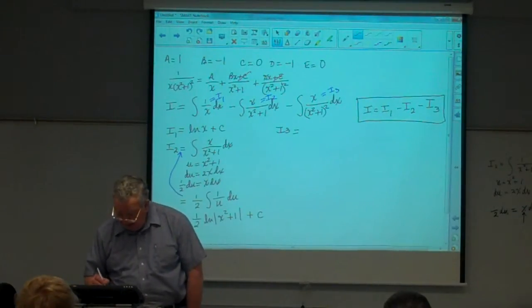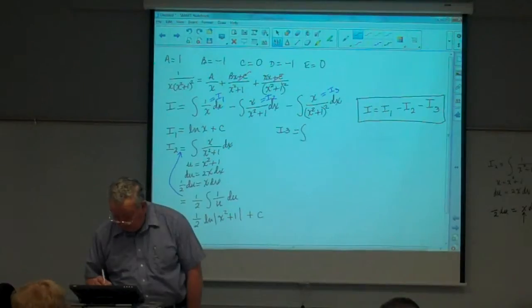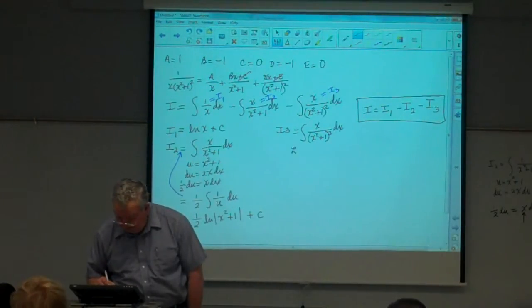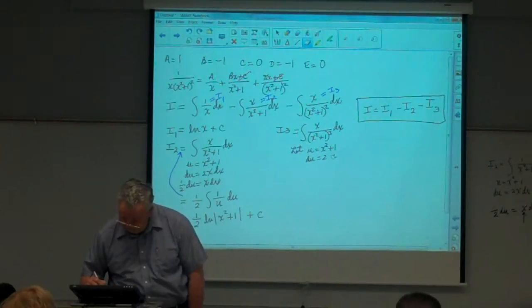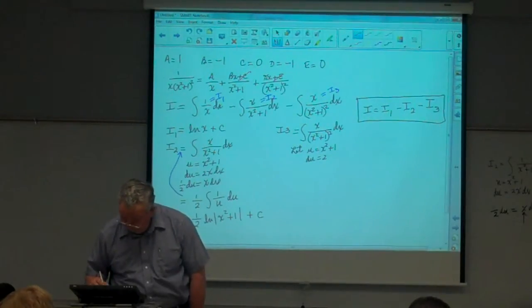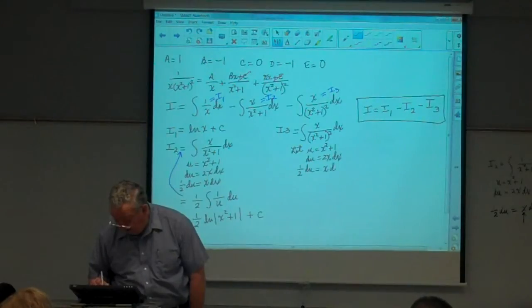So I3 is equal to the integral, and I let u be equal to x squared plus 1. Du is equal to 2x. One half du is equal to x dx.